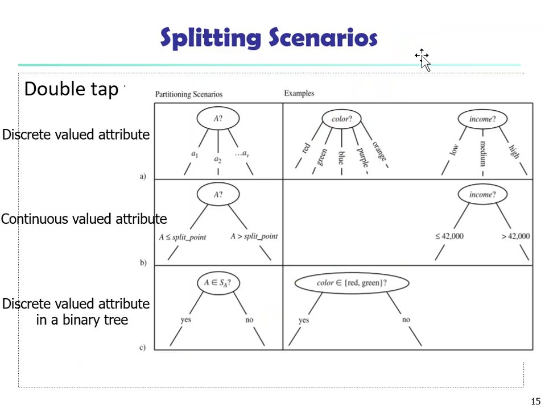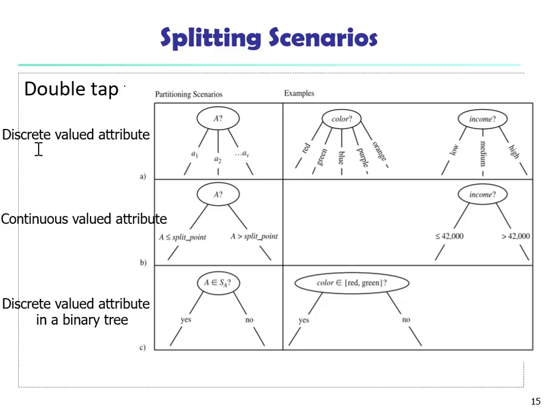Splitting scenarios: depending on the type of the attribute, we have a set of different scenarios that can split the observations in one node into multiple sets. I took this illustration from the book.